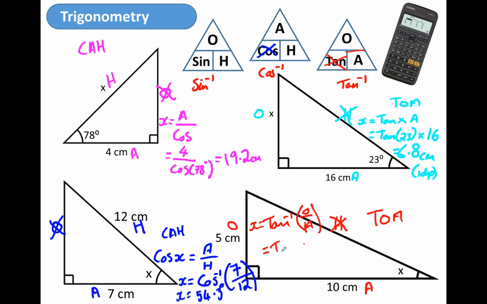So it's inverse of tan, and my opposite is 5, divided by my adjacent of 10.